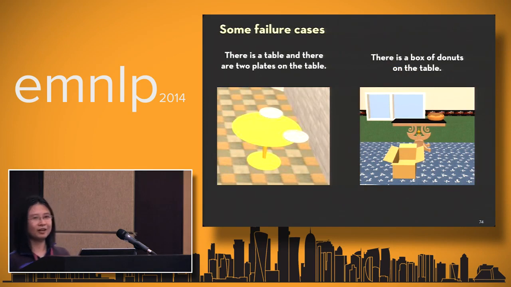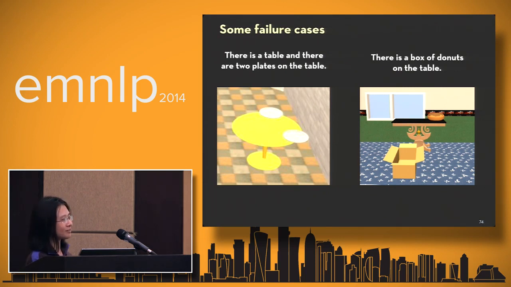So this is a really, really hard problem, and our system is not really that good. There are many failure cases. Here, there are 2 plates on the table, but they're kind of overhanging a bit. And here we have this sentence, there's a box of donuts on the table. We have a table, we have a box.